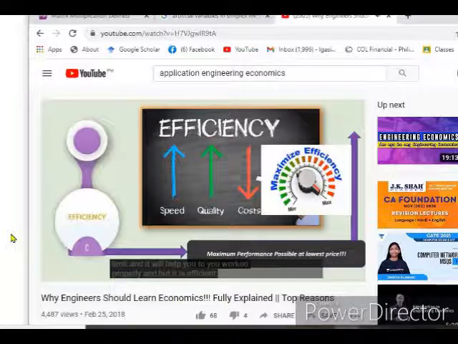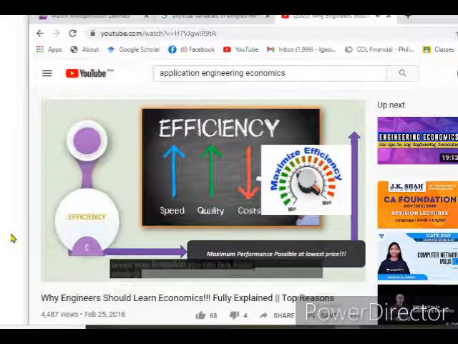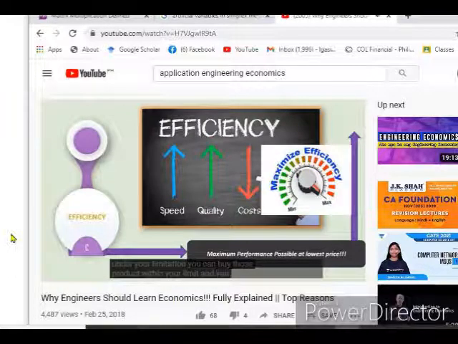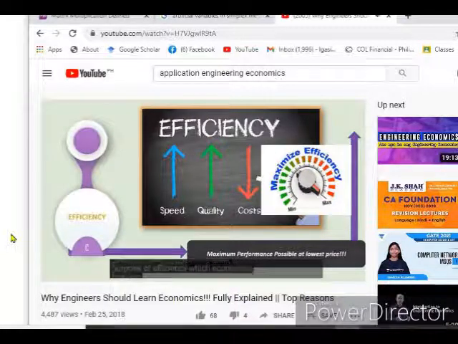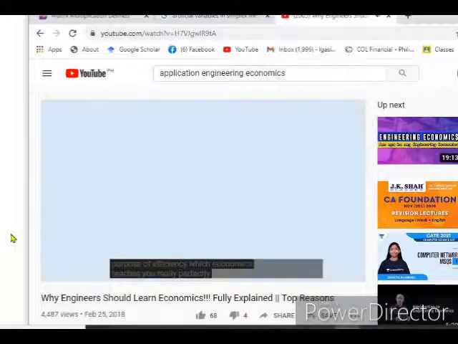You can buy those products within your limit and get the maximum performance at the lowest price possible. So the cost should go downward, and quality and speed should be the main concern at the lowest cost. This is the main purpose of efficiency, which economics teaches you really perfectly.